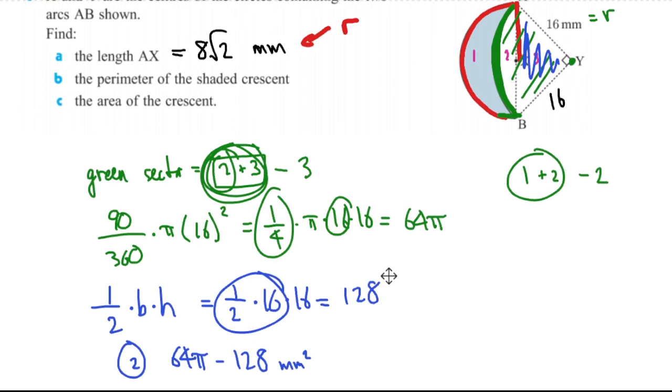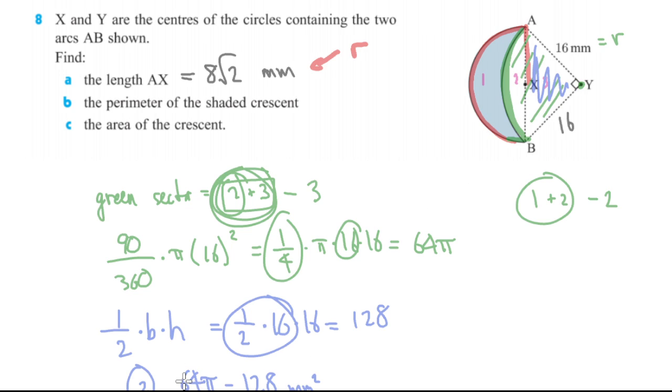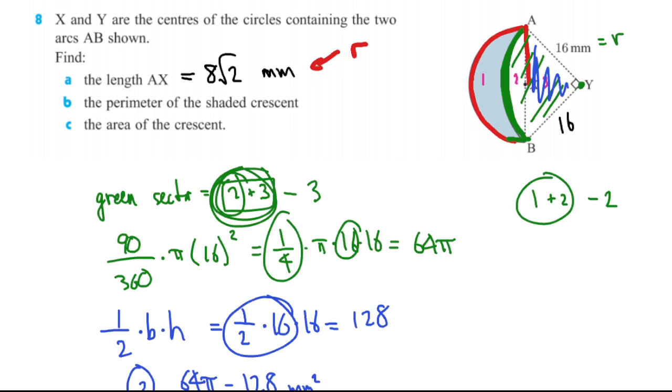Okay, that's not finished though. What we need to do now is find the area of this red semicircle and then subtract that from it. So the red semicircle area is red sector.